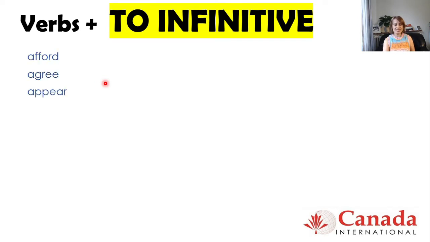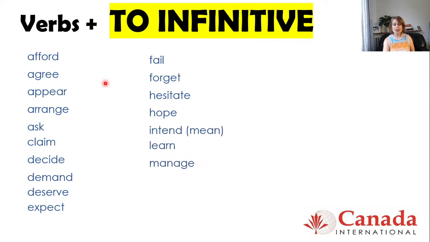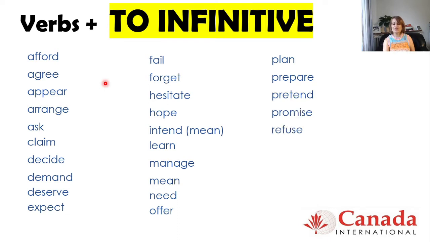Afford, agree, appear, arrange, ask, claim, decide, demand, deserve, expect, fail, forget, hesitate, hope, intend, learn, manage, mean, need, offer, plan, prepare, pretend, promise, refuse, seem, tend, threaten, wait, want, warn.